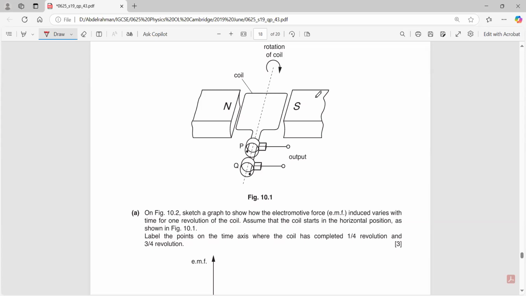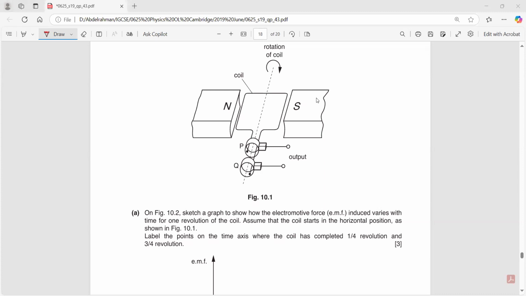So most of you would say, let's draw a sinusoidal wave. Would that be correct? Well, we need to think about it. In this horizontal position, would it give off the maximum output or the minimum output?